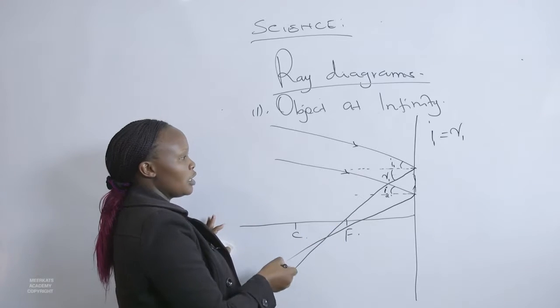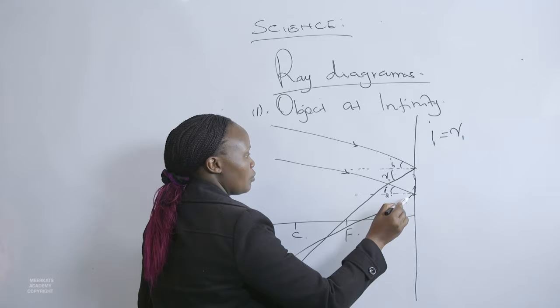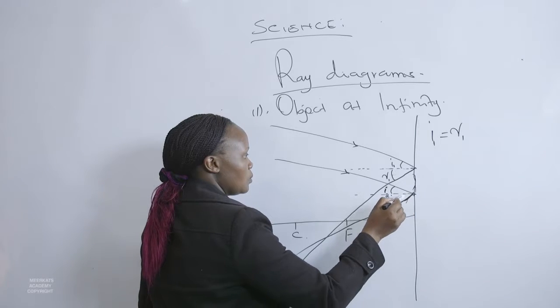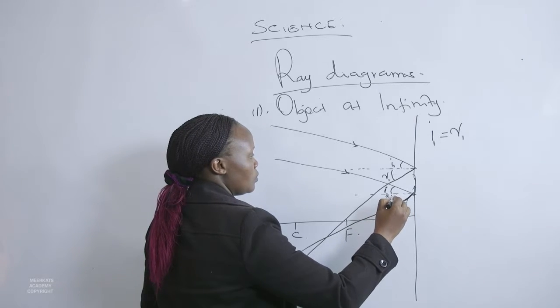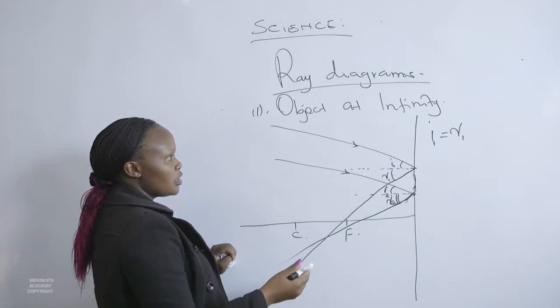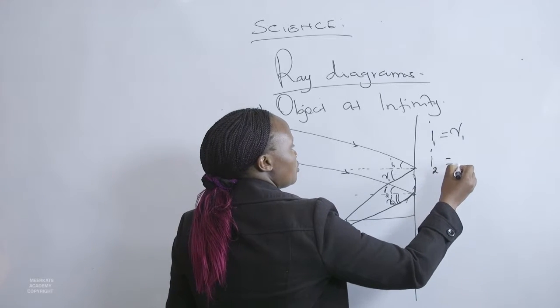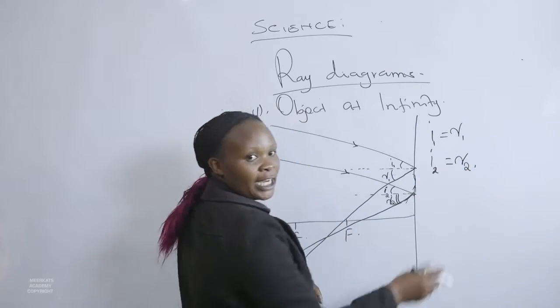So we have something like that, so that we have R2. In this case, I2 will also be equal to R2.